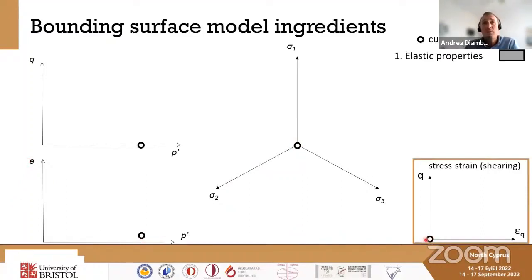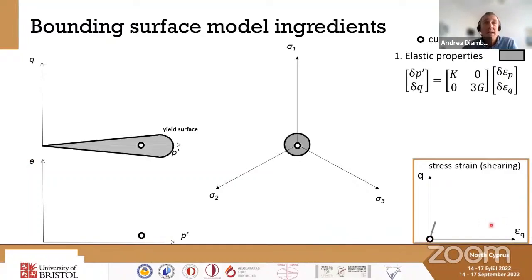The first thing we need to do is load the soil elastically. So when we start to load the soil, we will be in a region that is governed by elastic properties. Now, this is just isotropic elasticity for the sake of simplicity. I would like to mention that I will not give many formulas here, but I like to see the modeling in a sort of geometrical way. So if we need to build this curve, what do we need?